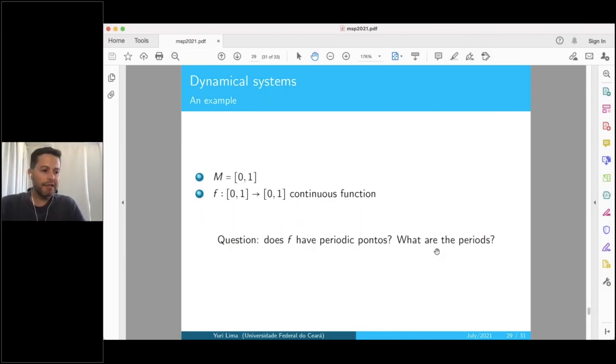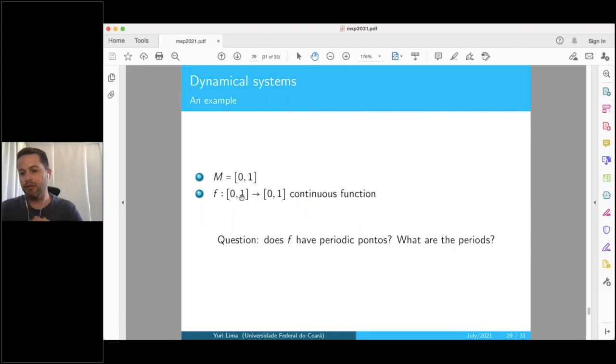Well, I leave as an exercise to you, and this just uses the intermediate value theorem, to show that you have one fixed point here. So there is a point x in this interval such that f of x is equal to x.